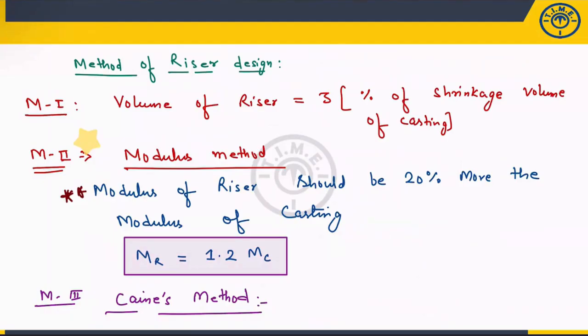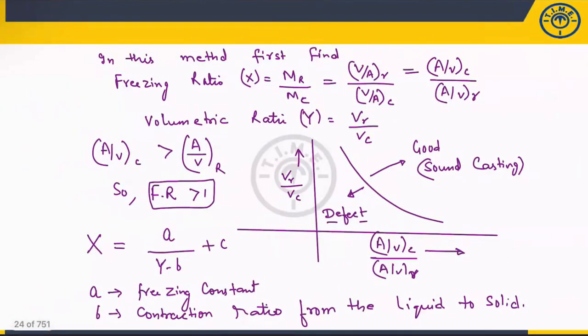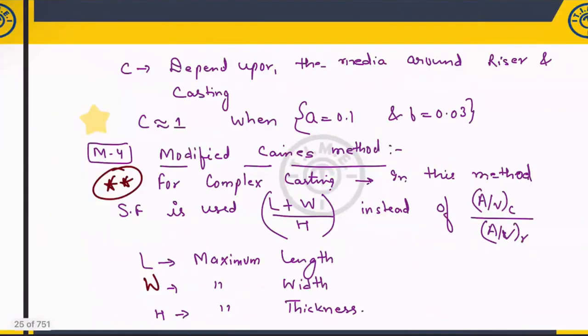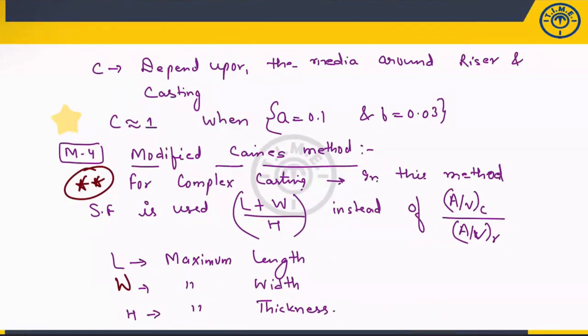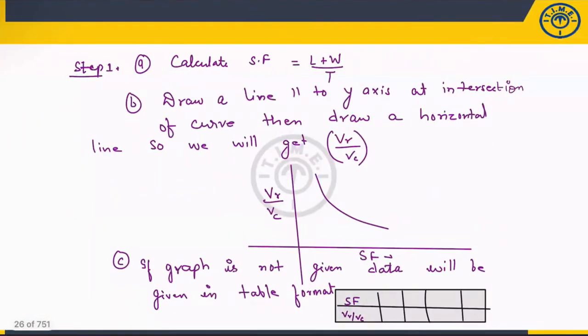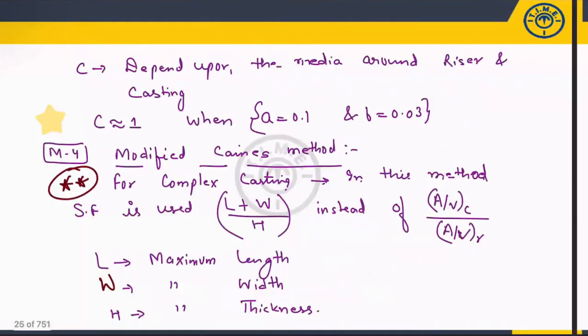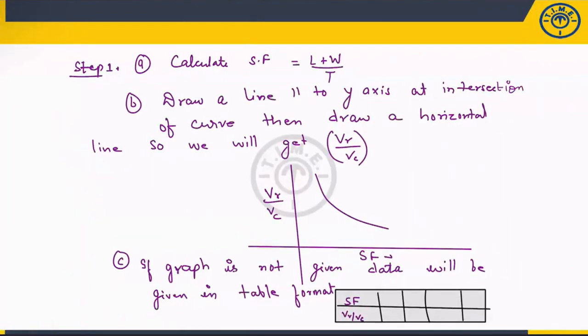Just make a note of this final result. Modulus of riser is 1.2 times the modulus of casting. This is not so important. You can make a note of the shape factor formula. Otherwise, just write down all these three steps. Write modified Keynes method, and these are the steps you have to follow.